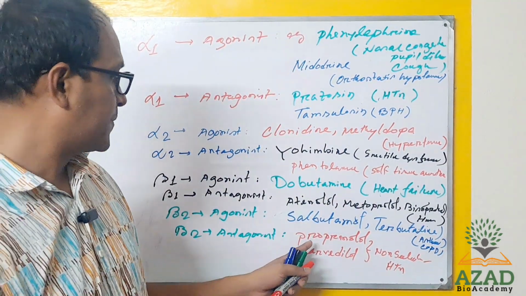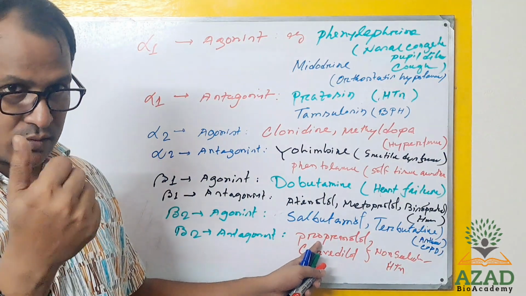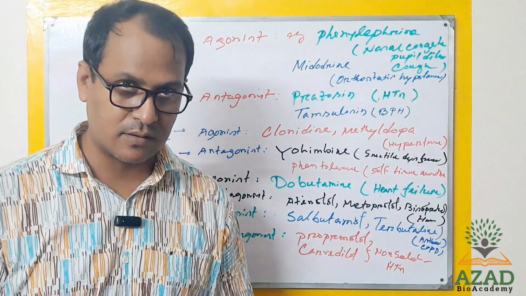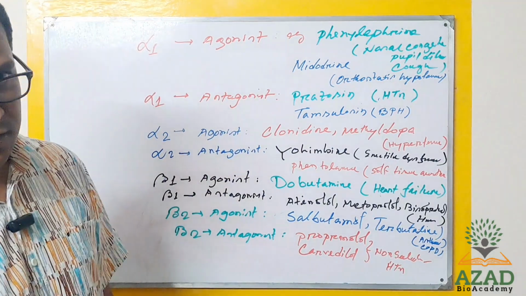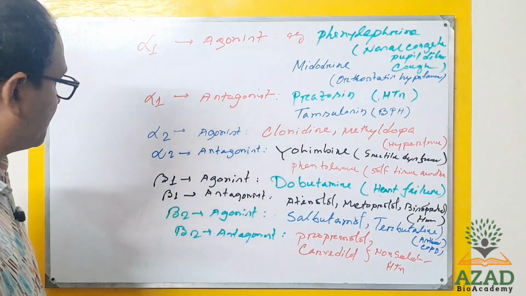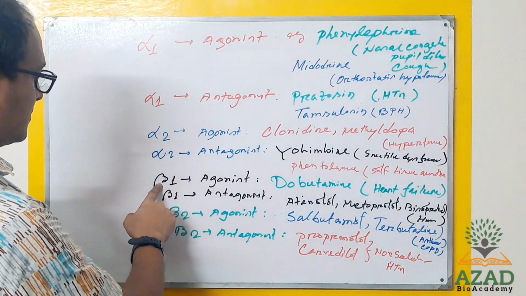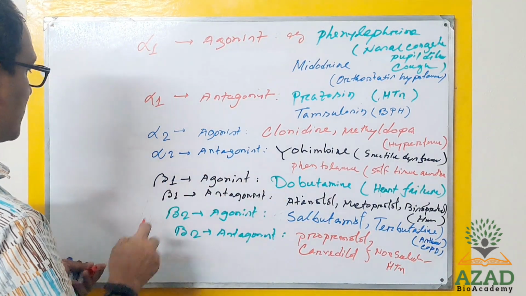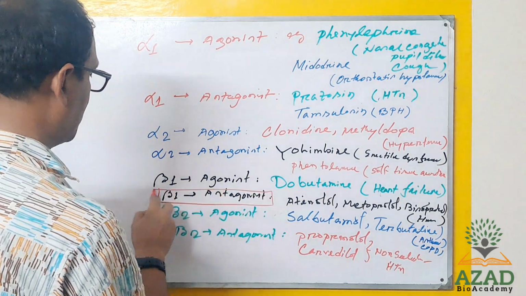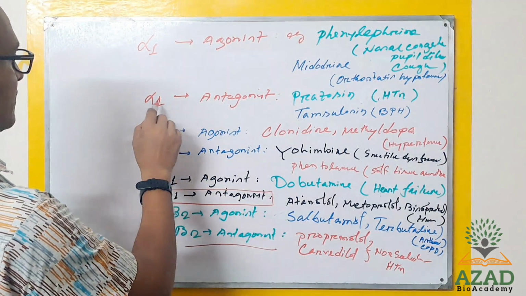So this is propranolol that can inhibit alpha 1, beta 1, beta 2, and you can say carvedilol that can inhibit beta 1, beta 2, or alpha 1. Okay, so that can be called a beta blocker, and that can be called an alpha blocker.